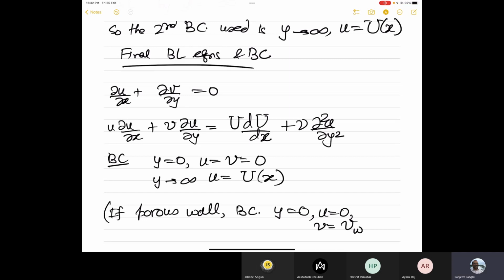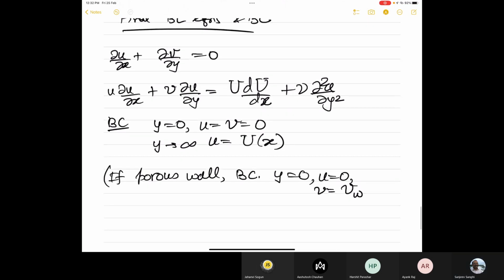Now instead of 0, this is the porous velocity, and as y tends to infinity, again small u is equal to capital U of x. So these are the boundary layer equations, and this is the methodology we will use to solve them, where capital U of x has a special meaning.